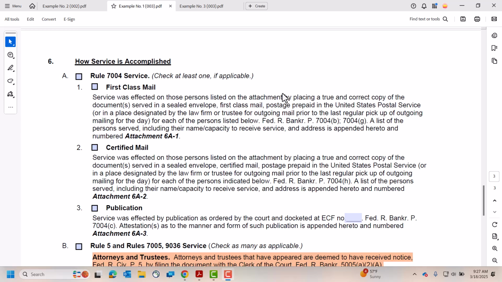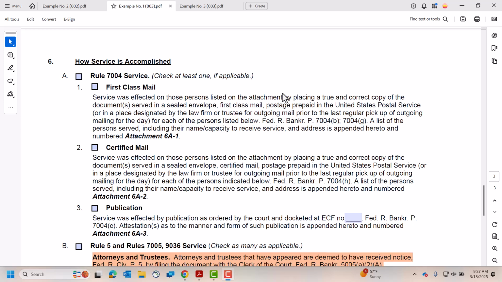For example, Federal Rule of Bankruptcy Procedure Rule 7004 service, or Federal Rule of Civil Procedure 5 service, including e-service under Rule 9036, service on registered users of the court's electronic filing system.